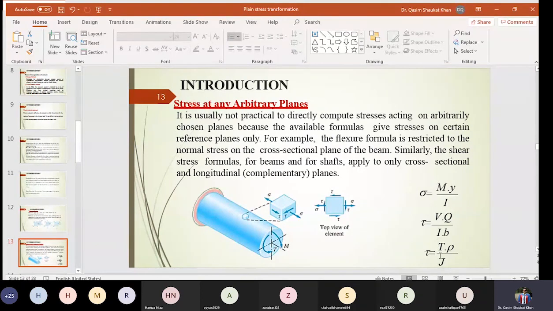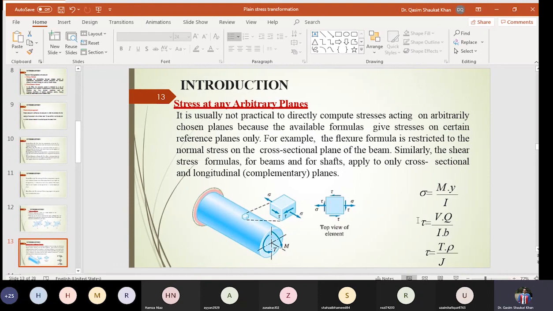So the torque and polar moment are fixed, and the variable is the radius of the shaft. So shear stress will vary with the radius, just like the flexural stress varies with the distance from the neutral axis.